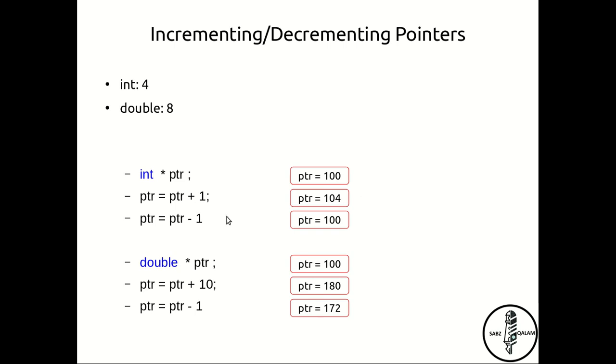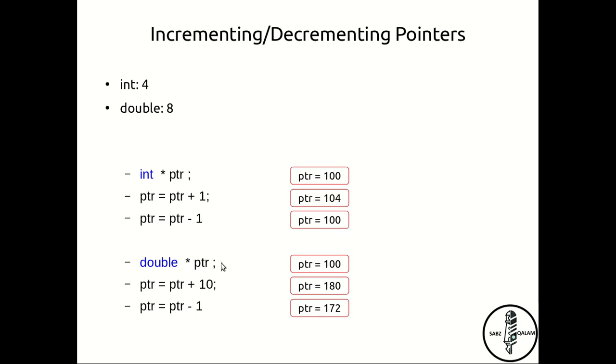Whereas when you decrement it, you tell the operating system, right now I am here, but I want to go to a variable present previous to this particular location. So because an integer is of size 4 bytes, you have to decrement 104 minus 4 to go back to 100.